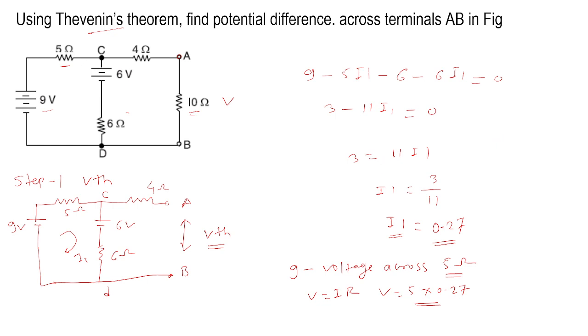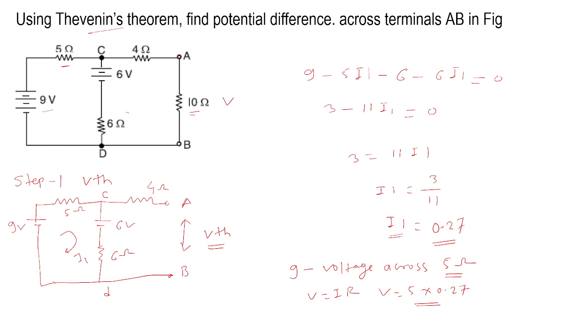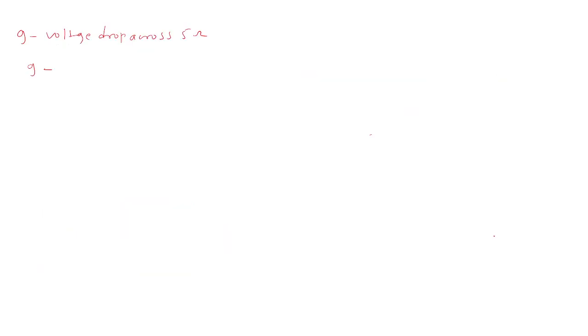So next slide. Here you can see, as I told you, 9 minus voltage drop across 5 ohm. So it will be 9 minus current. How much current is there? 0.27. So here 9 minus 5 multiplied by 0.27.